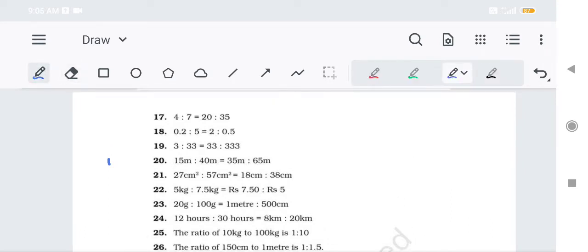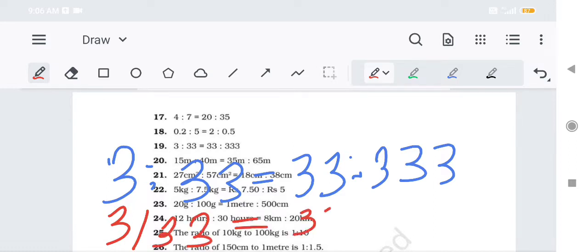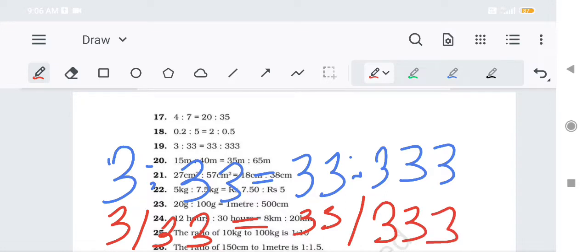In question number 19 it is written 3:33 is equal to 33:333. Now again the same procedure, we will convert them into fractions. After converting, we will check whether the numerators and denominators are both increasing, or both decreasing. Here 3 has become 33 in the numerator, so it has been a multiplication by 11.